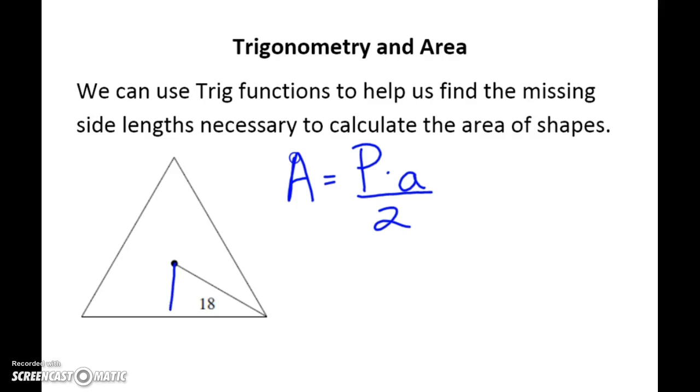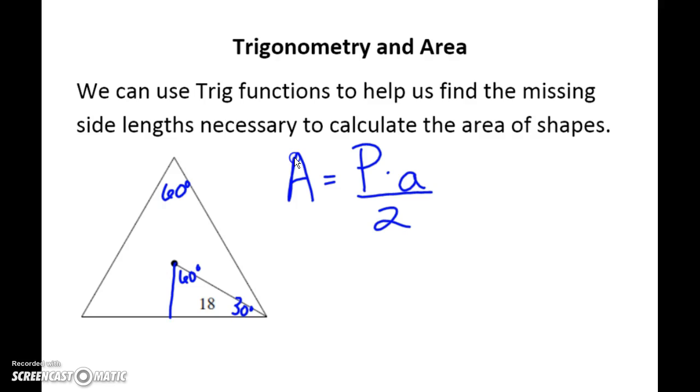Now, I know in a regular triangle that each angle has 60 degrees. Therefore, this line right here must have a 30-degree angle there and a 60-degree angle there. Now, 18 is the radius of my triangle.